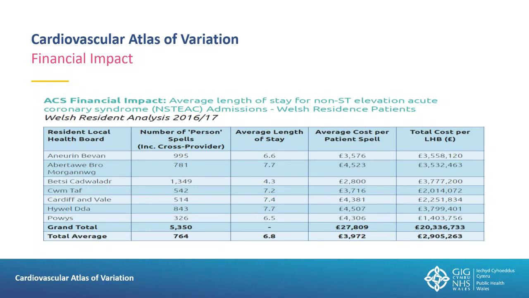So just by optimizing the pathway on a value-based scheme, patients would get better clinical outcomes. That's evidence-based, but we would get much better financial outcome as well. And the health economy in general would benefit because beds would be available.